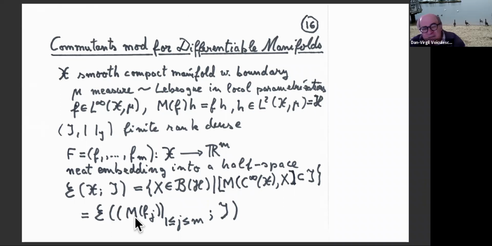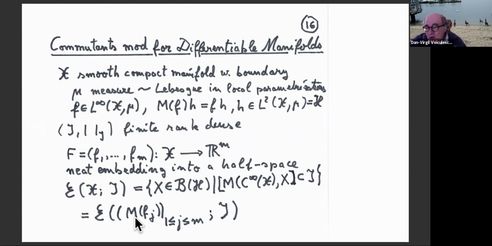So the embedding produces an m-tuple of C infinity functions, and then the commutant of the multiplication operators with respect to the C infinity functions, the commutant mod the ideal I, is the same thing as the commutant mod I of the whole algebra of C infinity functions.